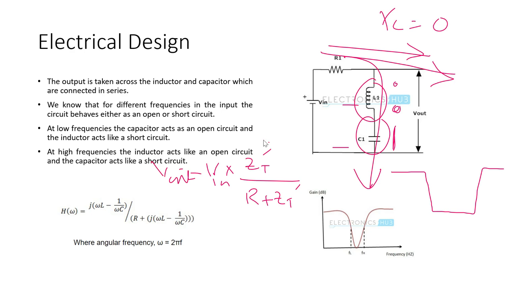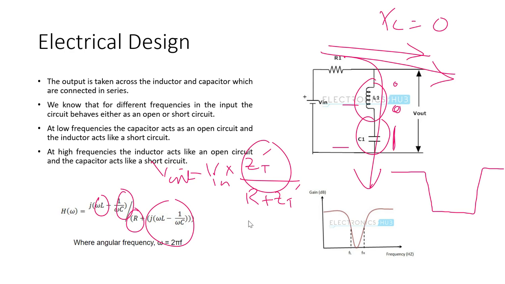So ZT dash is XL minus XC, that is omega L minus 1 over omega C, divided by R plus this. This gives us the formula for the output voltage at any frequency. You just put the frequency in it, and it will give you the output in terms of that frequency. So this was a bit about the electrical design of the band rejection filter.